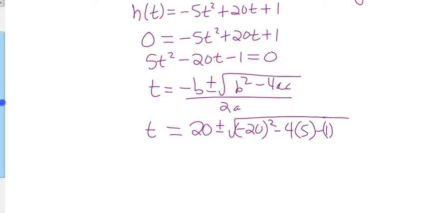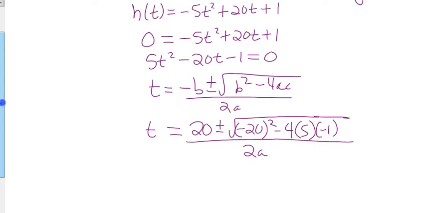20 squared. 420. While we're doing this, let me let you in on something you've probably already figured out. You already have b. There are a couple of things to worry about here.